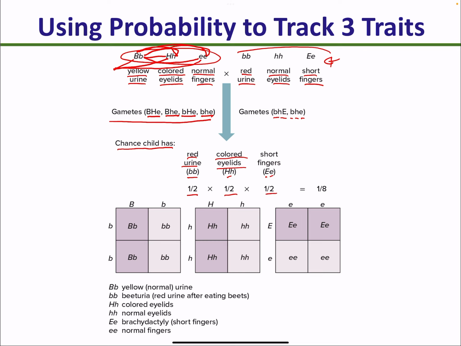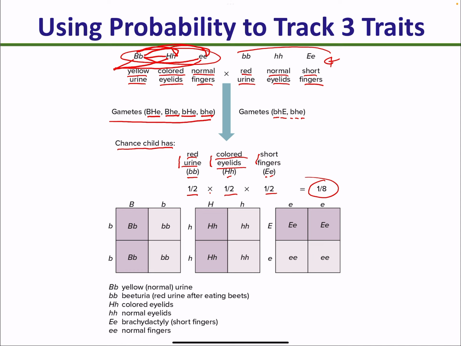Now, let's combine all the features together: red urine, colored eyes, and short fingers equates to half times half times half, which is 1/8, right? That 1/8 is the probability for this event to occur, right?